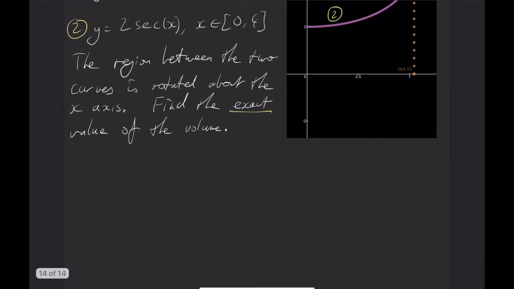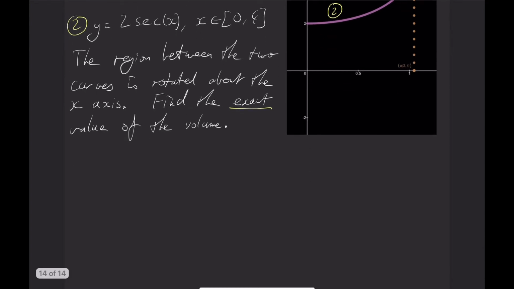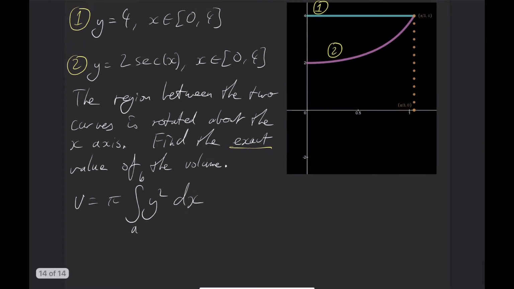Our formula for this volume will be volume equals pi times the integral from a to b of y squared dx. That's our formula for each part of the volume. Our total volume will be the volume of the first curve minus the volume of the second curve.